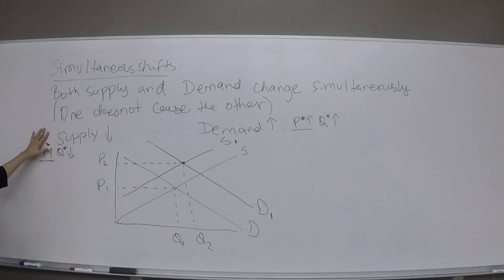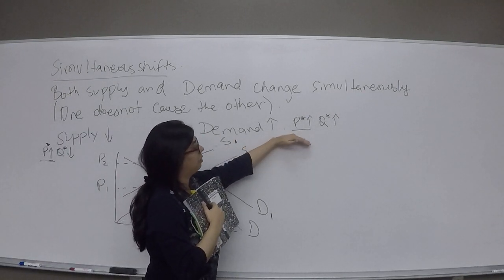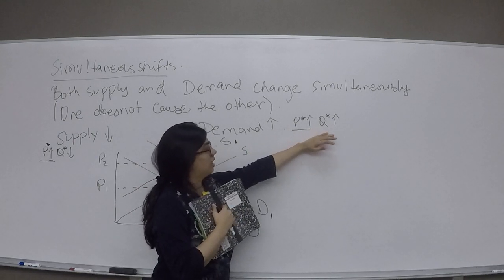Previously, when supply decreased, this was happening. Price was going up and quantity was going down. When demand was increasing previously, this was happening. Equilibrium price was going up, quantity was also going up.